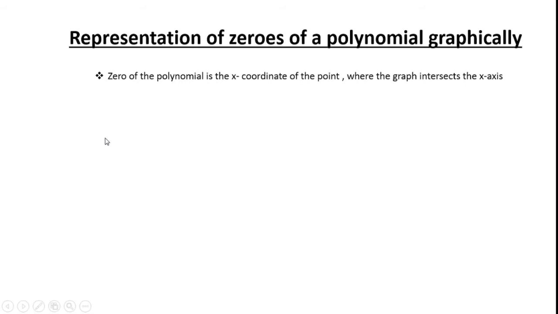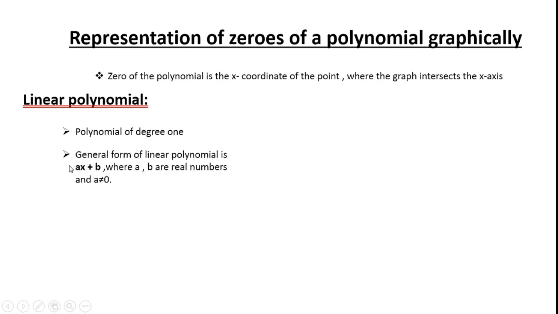First, let us consider the linear polynomial. A linear polynomial is a polynomial of degree 1. The general form of a linear polynomial is ax plus b, where a, b are real numbers and a is not equal to 0.